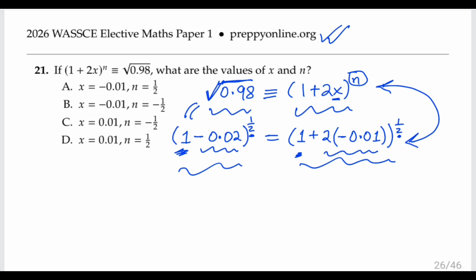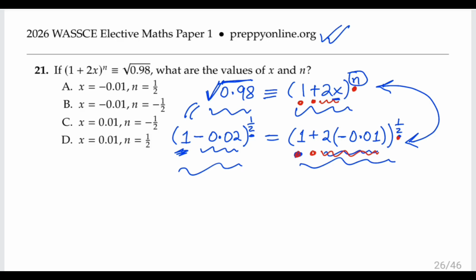And when you do, you have your 1 here, you have your 1 here, you have your plus here, you have your plus here, and then you have your 2x here. Here too, you have 2 times something, and you have your n here, you have your half here. So what does that mean?